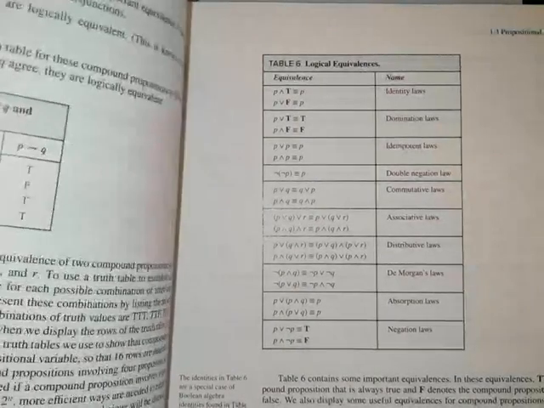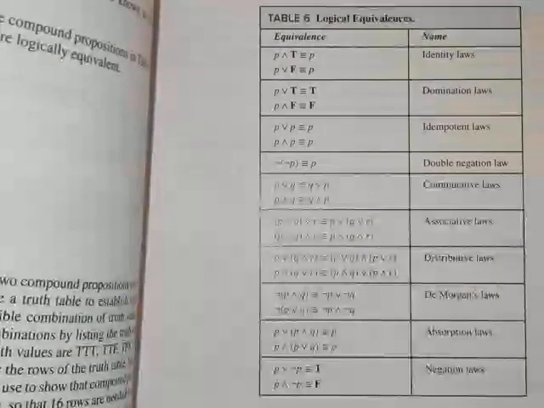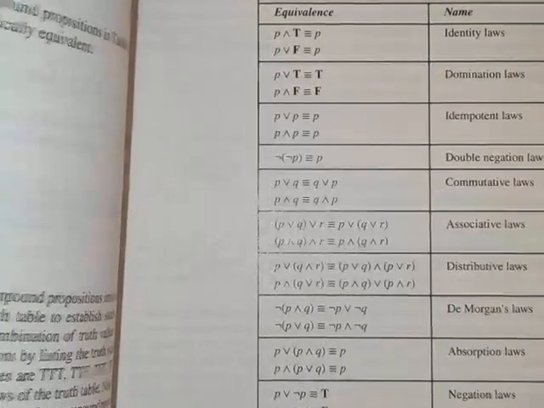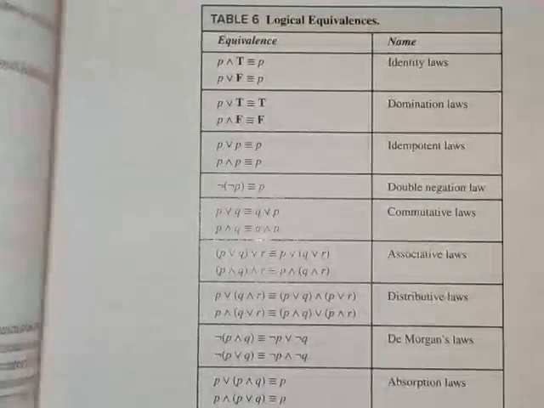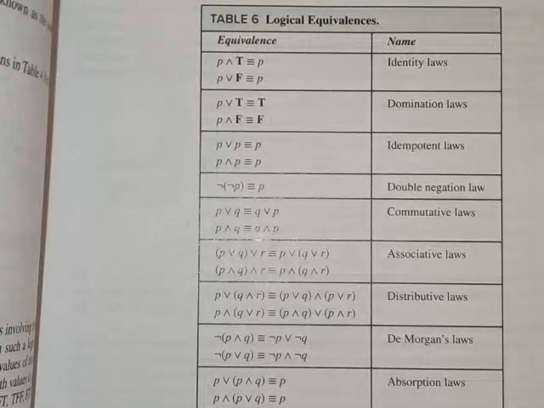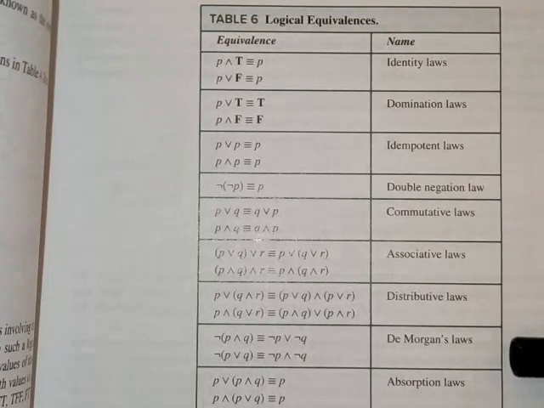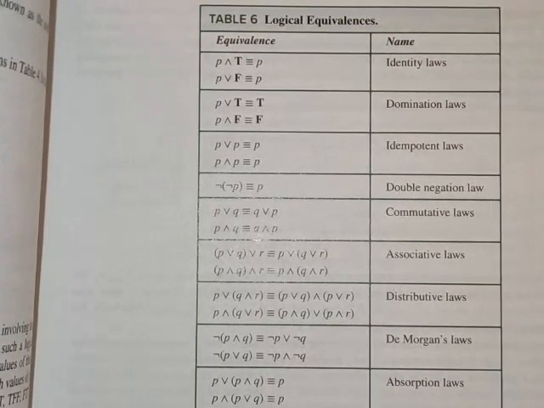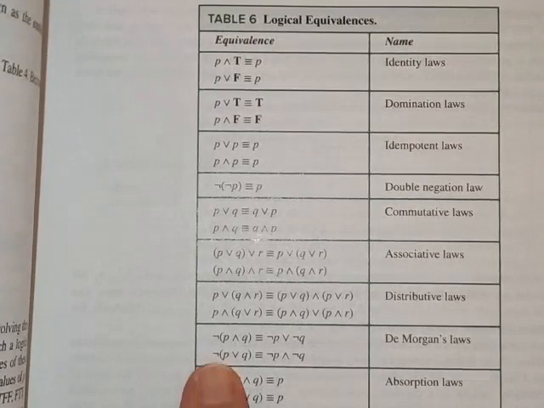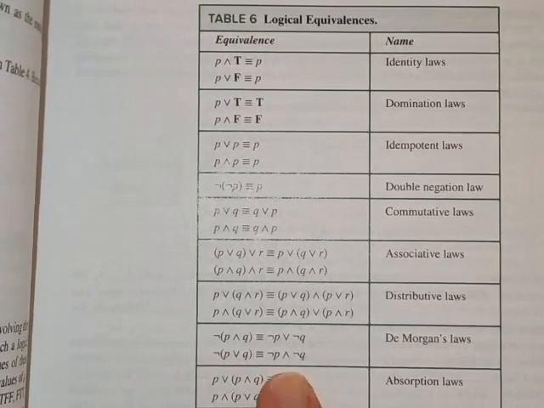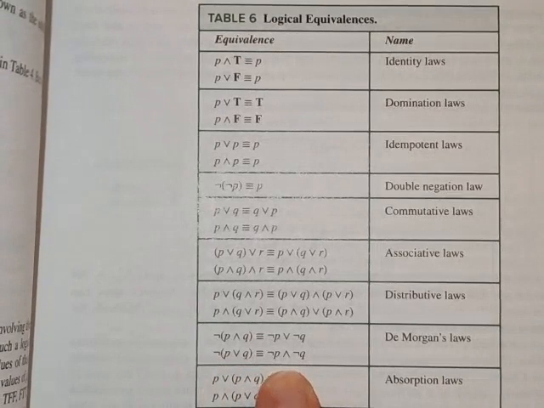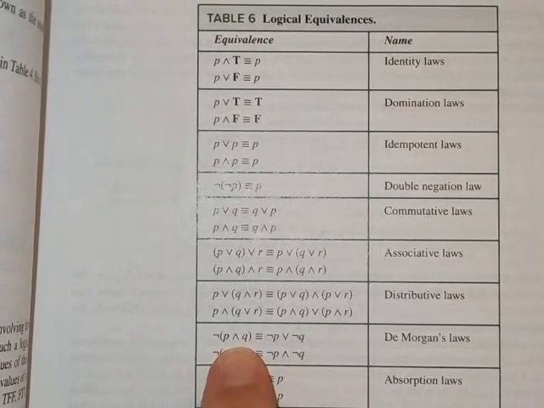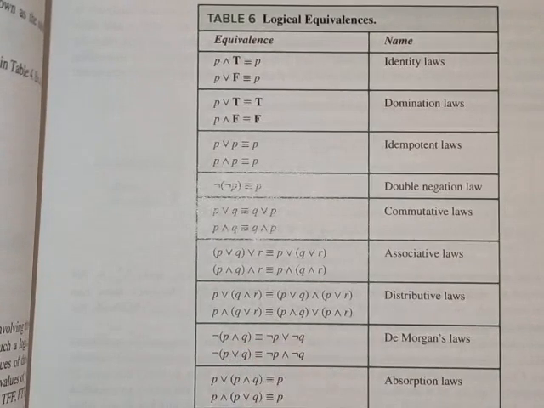Holy crap, that's a lot of stuff. But if I take a look at the start of table 6, here's our De Morgan's law right here. And the version we did, the or on the inside became an and. Here, the and on the inside becomes an or.